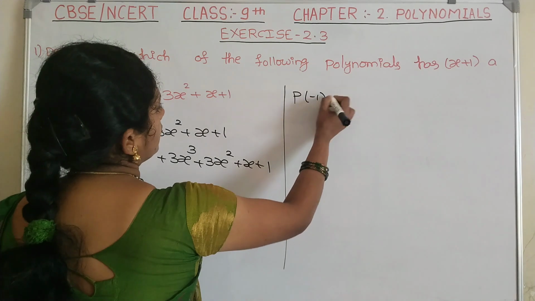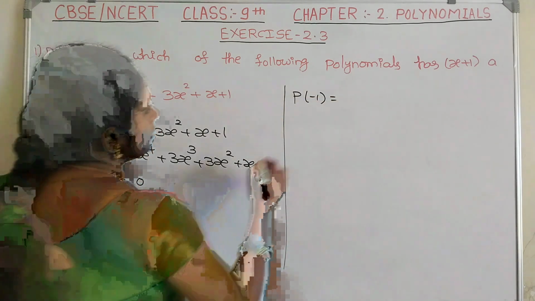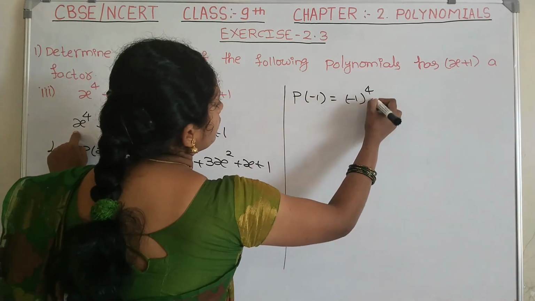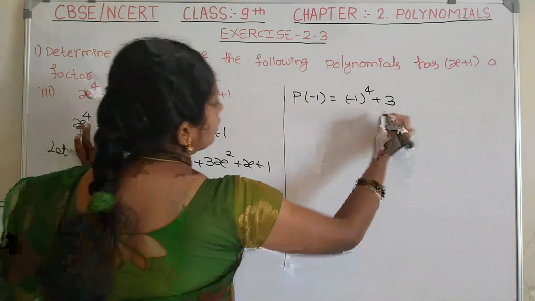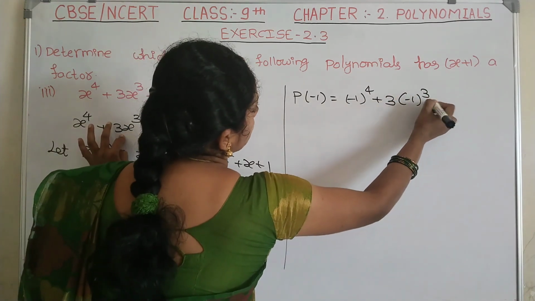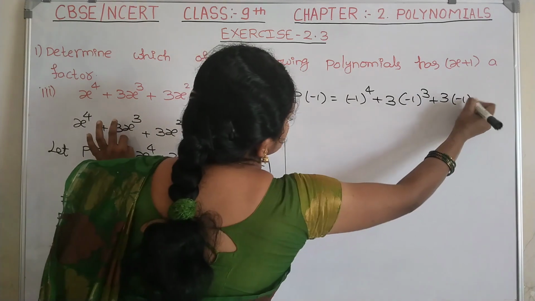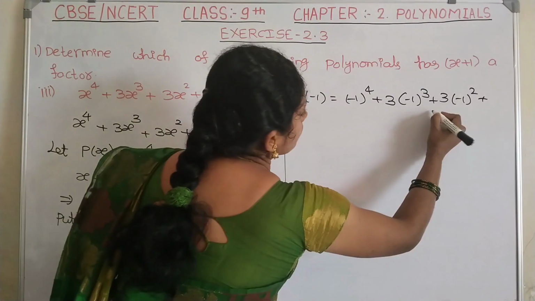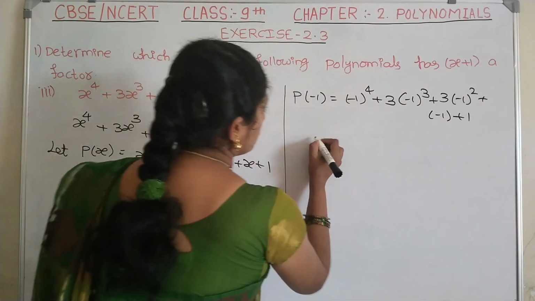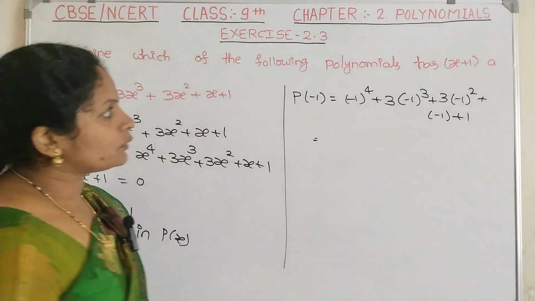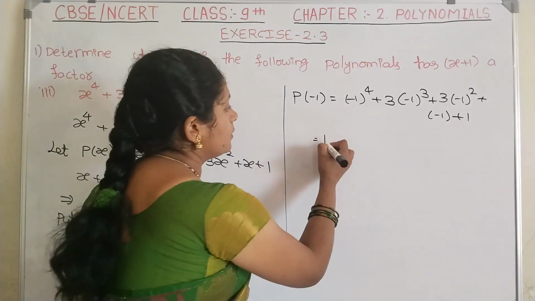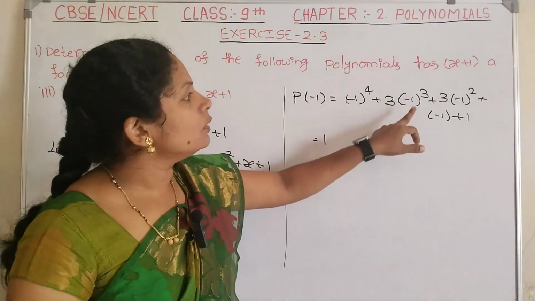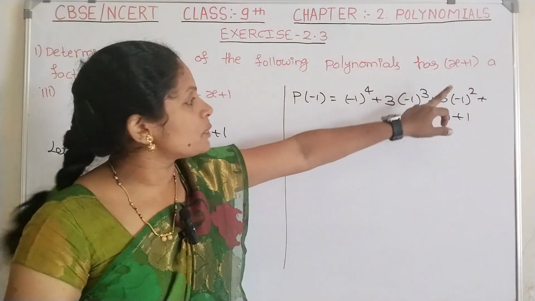p of minus 1 equals minus 1 whole power 4 plus 3 into minus 1 whole cube plus 3 into minus 1 whole square plus minus 1 plus 1, which implies minus 1 whole power 4 gives us plus 1. 3 into minus 1 whole power 3 is minus 1.